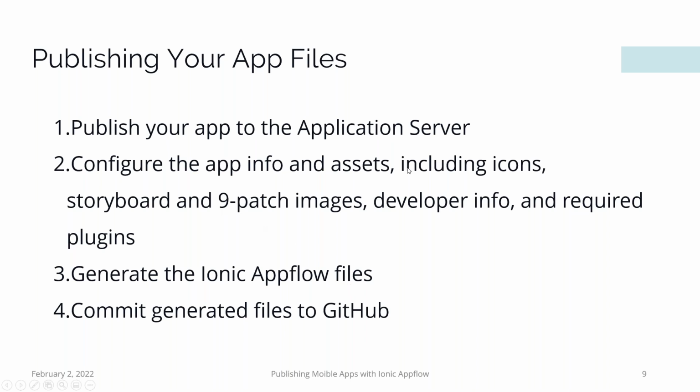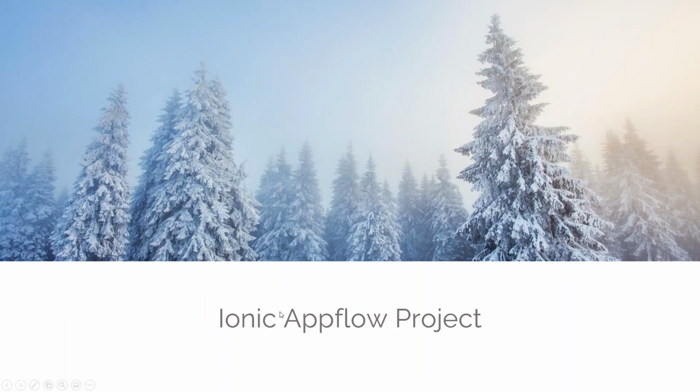We talked about image assets that you need. The other piece that we didn't do, but is very, very important to do, is you need to publish that component, your app, to the application server, so that when your app is running and needs to make those callbacks to run the server-side code, it exists and it can run it. And then finally, committing those generated files to GitHub is the last piece you need before we can move on to building an Ionic Appflow project.